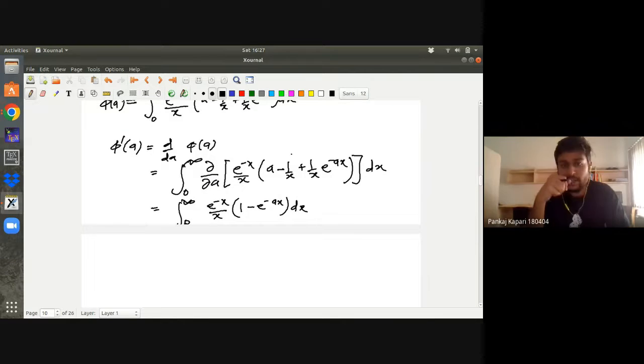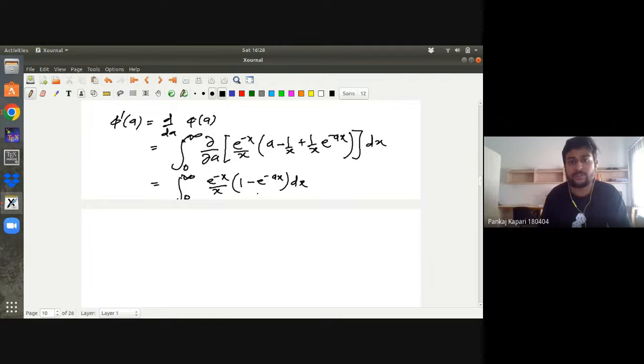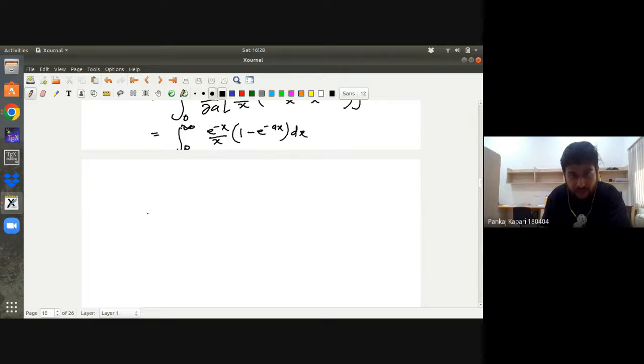Now still it is not clear how we evaluate this integral. Because we have differentiated the given integral once, why not do it twice? So we can again apply the Leibniz rule. Again we have an improper integral which depends on a, so this is a function of a, and we can differentiate it again.